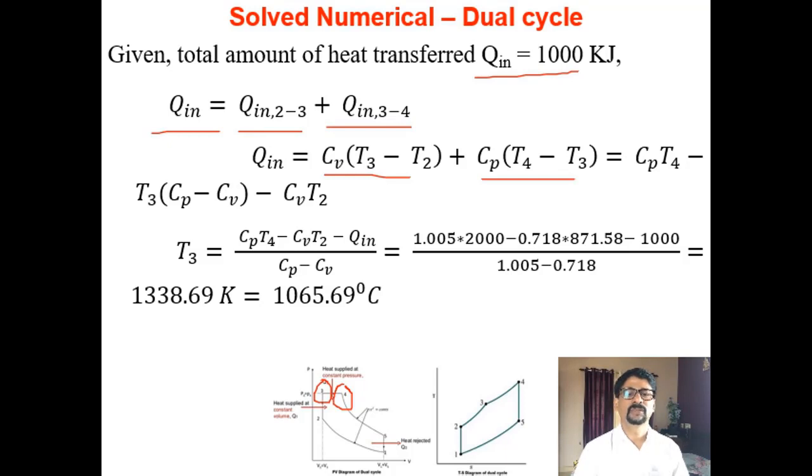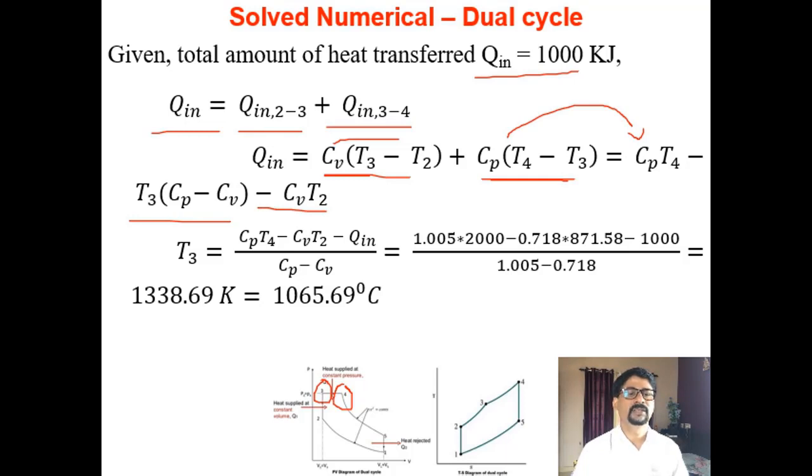Now simplifying, I multiply Cp into T4 and take it outside as the first term. Then Cv T3 minus Cp T3 is there, so I write minus T3 into (Cp minus Cv). And then Cv into T2, which is a minus term, is written as it is.